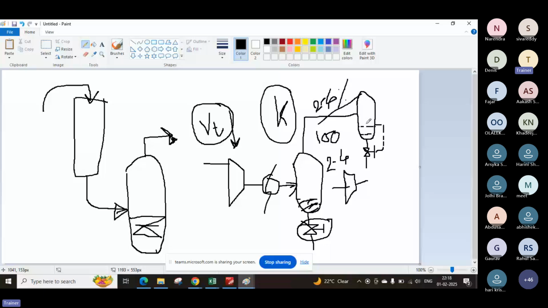Whether it might be the feed, which is the product of an earlier plant, or instrument air, or if you are sending something, then that other plant would be having a separator. Generally it is a practice to have a separator to separate any condensed fluid over the length.